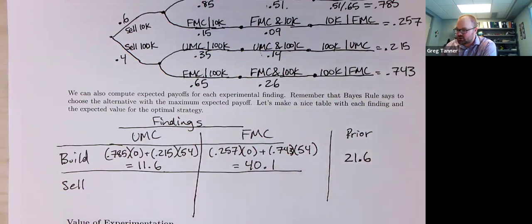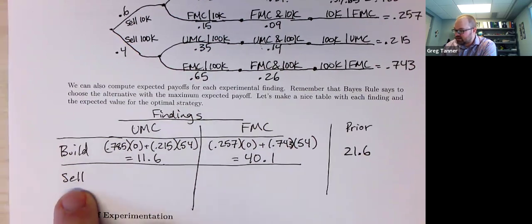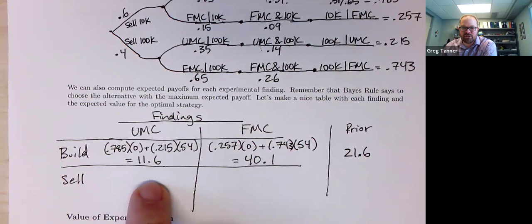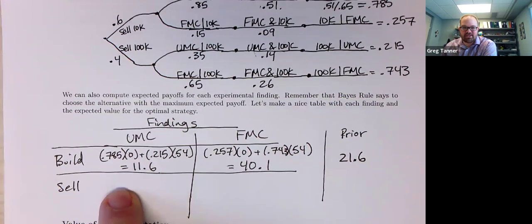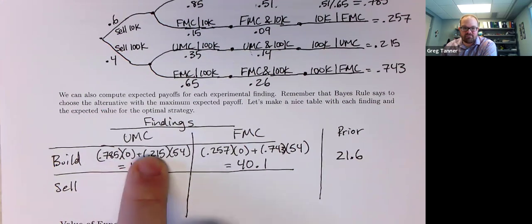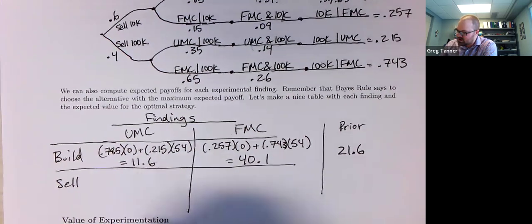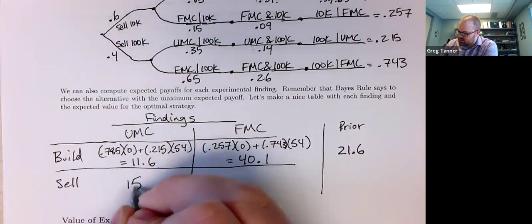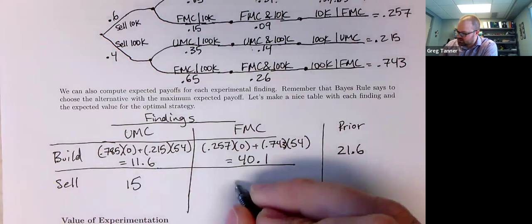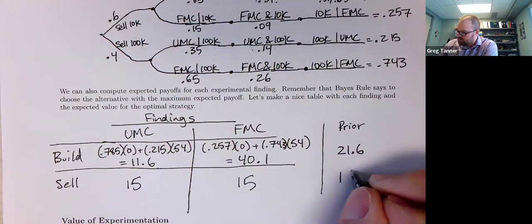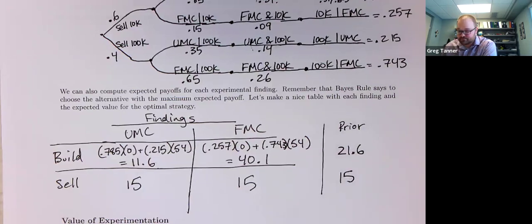Now for sell, we get 15 million either way, and so I won't do the computations, but you do the same probabilities, 0.785 times 15 million, then 0.215 times 15 million, but we know that the expected value is going to be 15 million in both cases, as it was under the prior.